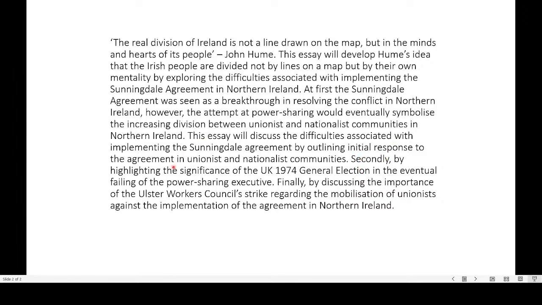Secondly, by highlighting the significance of the UK's 1974 general election in the eventual failing of the power sharing executive. Finally, by discussing the importance of the Ulster Workers' Council strike regarding the mobilisation of Unionists against the implementation of the agreement in Northern Ireland.